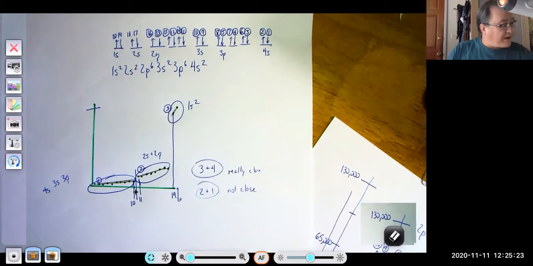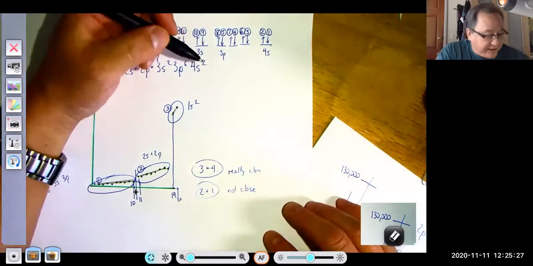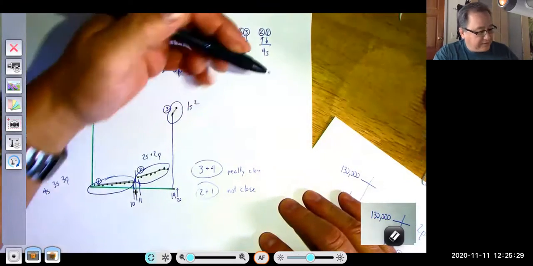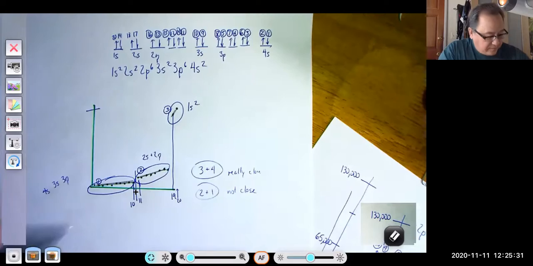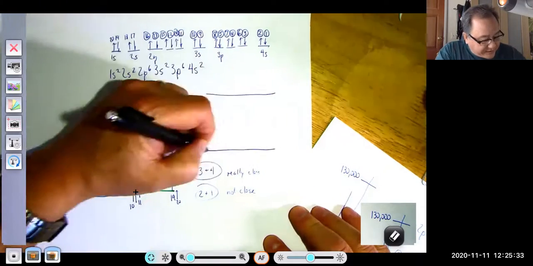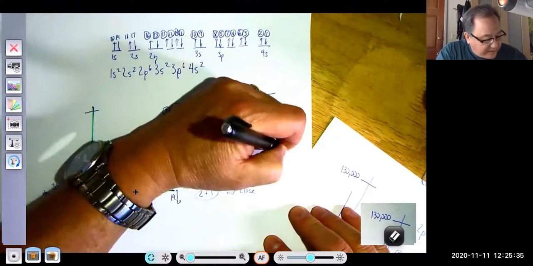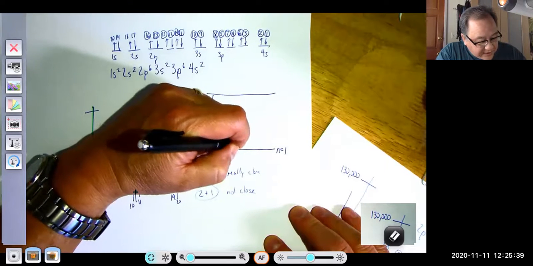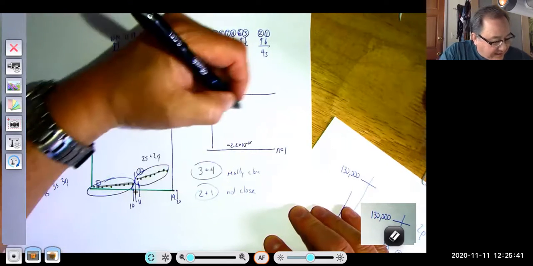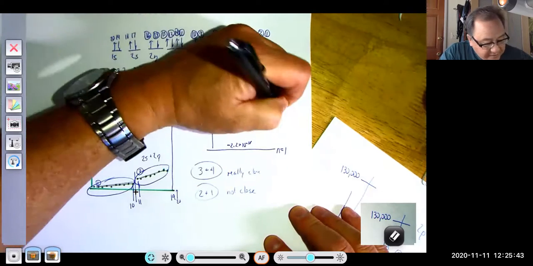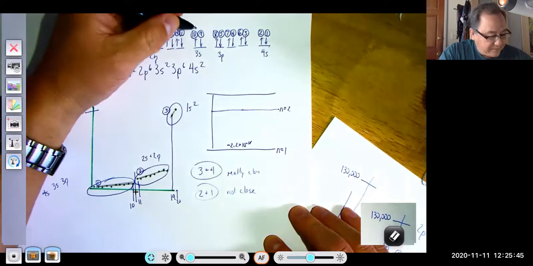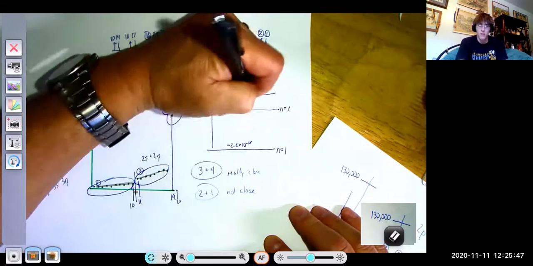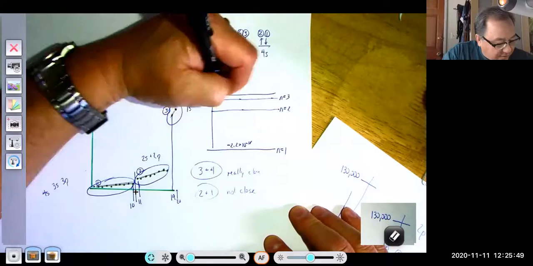And what did we find out from the hydrogen lab, when we looked at energies? n equal 1 was negative 2.2 times 10 to the minus 18. And then n equal 2 was right here, and n equal 3 was right here, and then n equal 4.